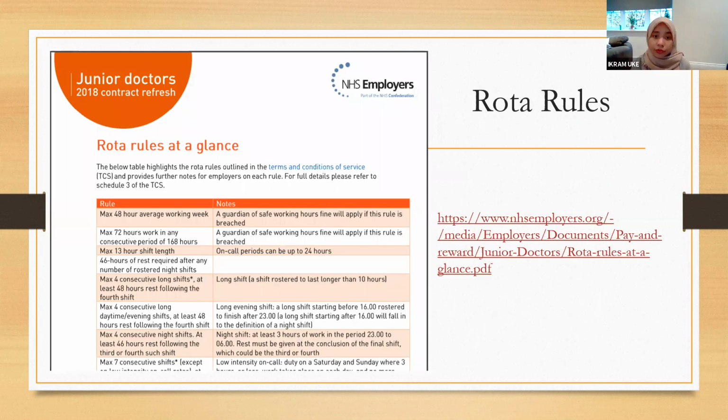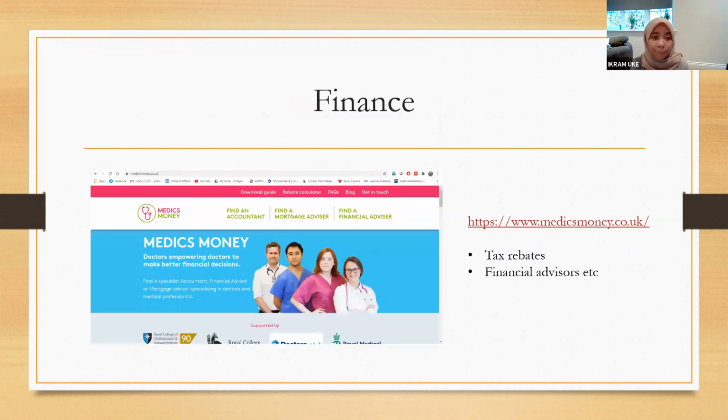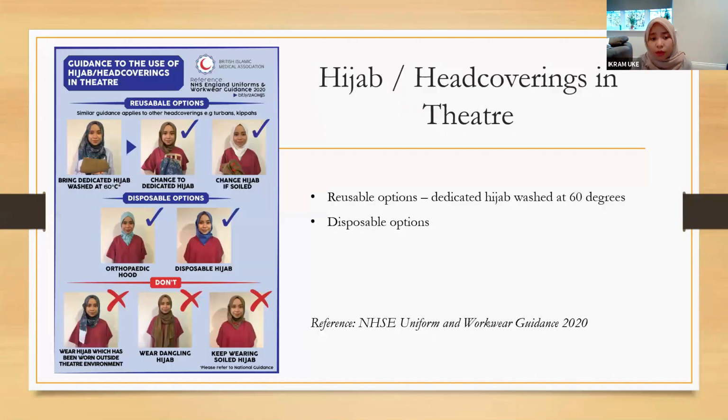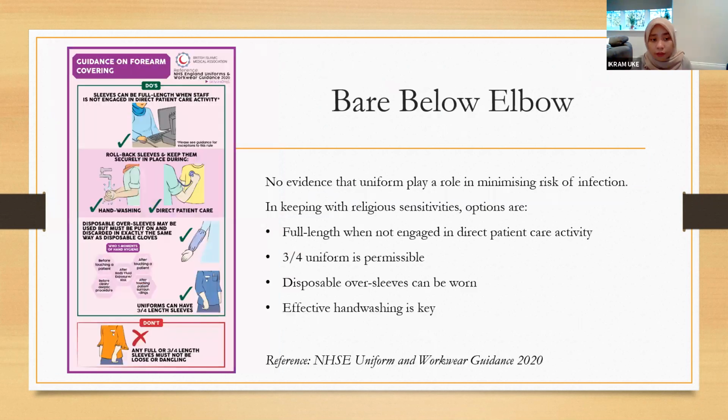If you're into finance, you might find this website useful. Some things that I've worked on, and I think you might find useful as well, if you cover your head for faith purposes, and you might want to know what options you have when going to theatre, and if covering your forearm is something that's important for you.